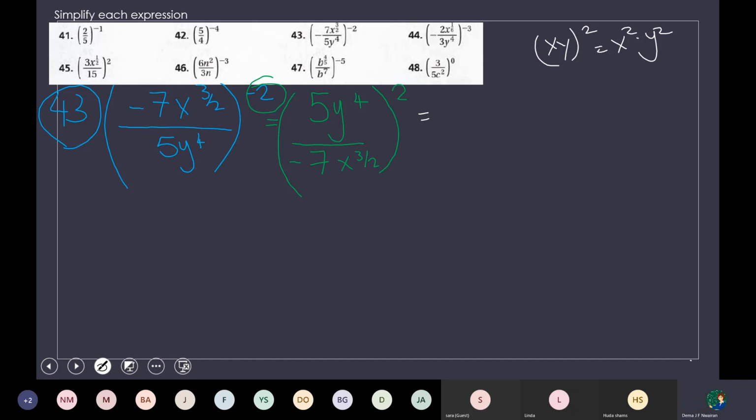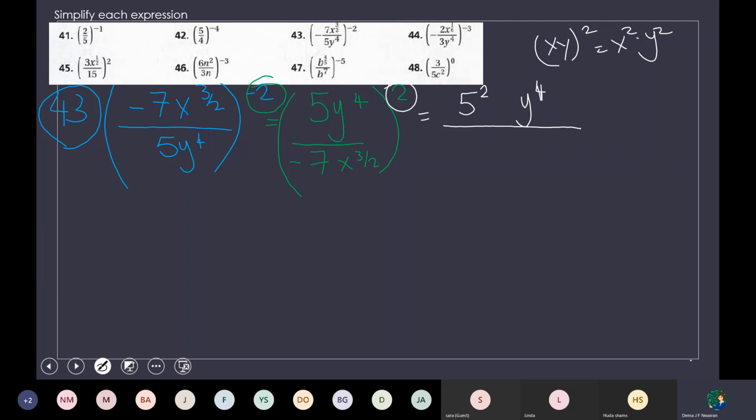Then, after that, this squared, I will distribute the squared here into 5 and y raised to the power 4.